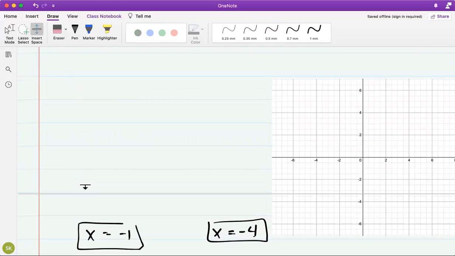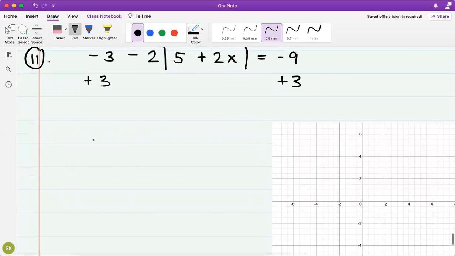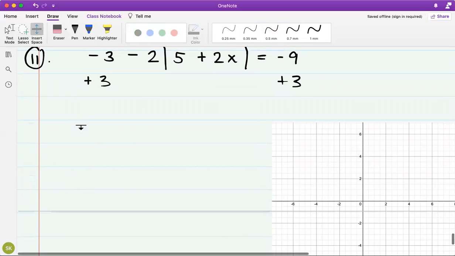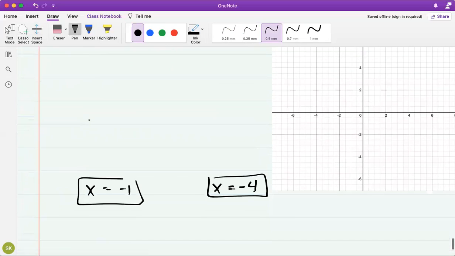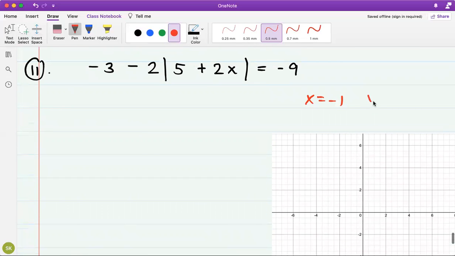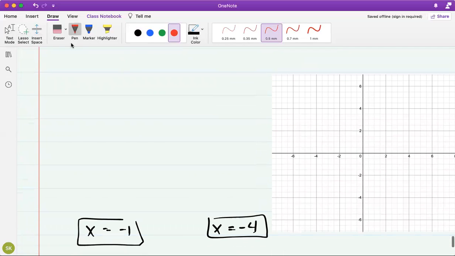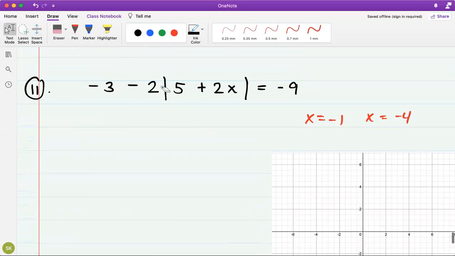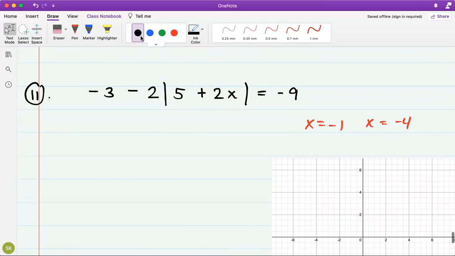So I'm going to move this up. Okay, I guess it's not moving up, so I'll just write it up here. This is the answer we found. X is equal to -1, and x is equal to -4. Let's see if that works. Just going to plug them in here.